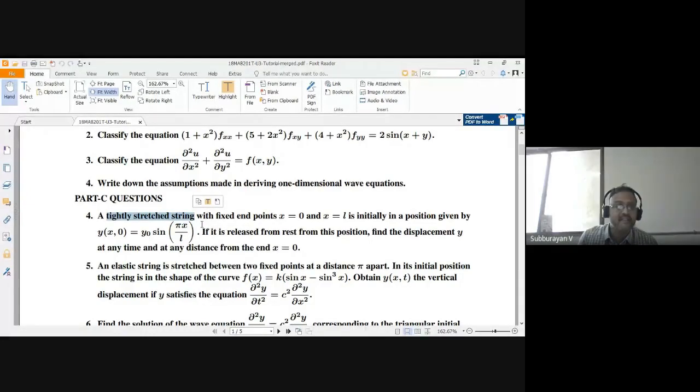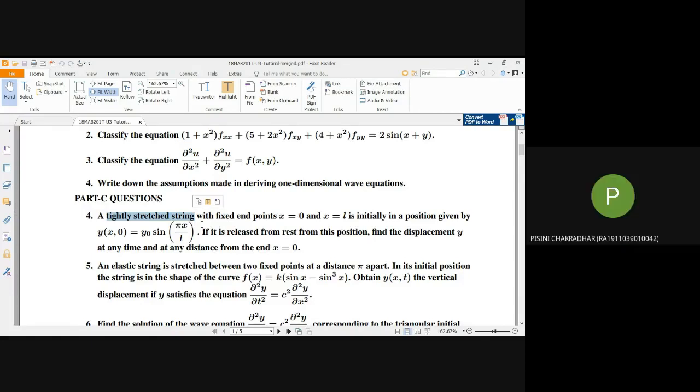What is the first equation? First, we should write down the equation. Can you please tell me what is the equation? The one-dimensional wave equation: ∂²y/∂t² = c² ∂²y/∂x².